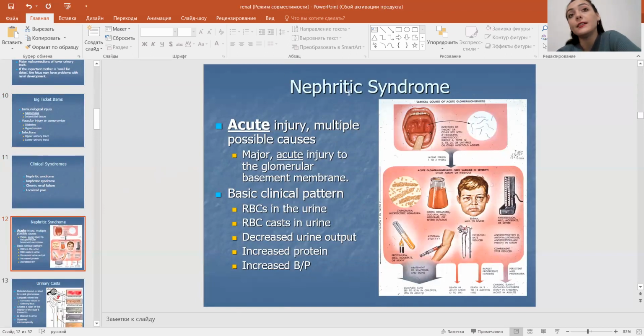Nephritic syndrome is an acute injury with multiple possible causes, major acute injury to the glomerular basement membrane. Basic clinical pattern: RBCs in the urine or hematuria, RBC casts in urine, decreased urine output, increased protein, and increased BP.